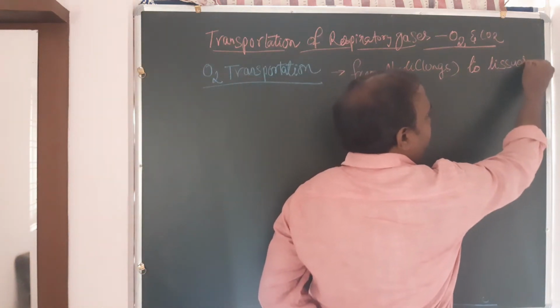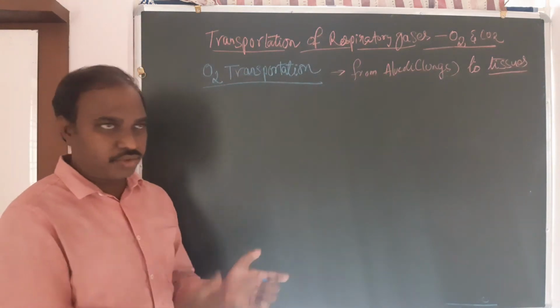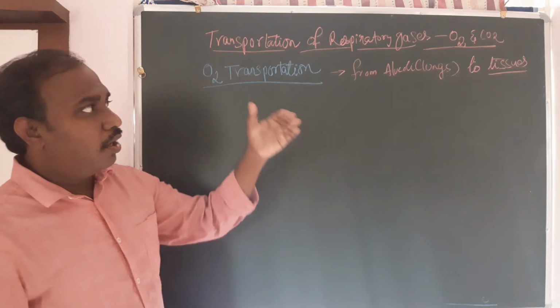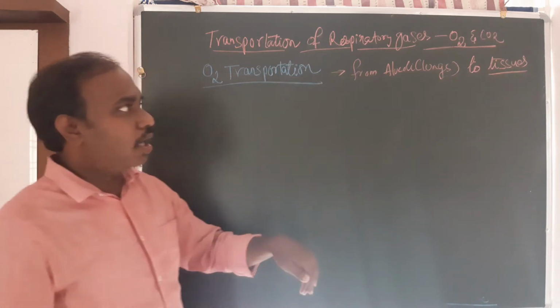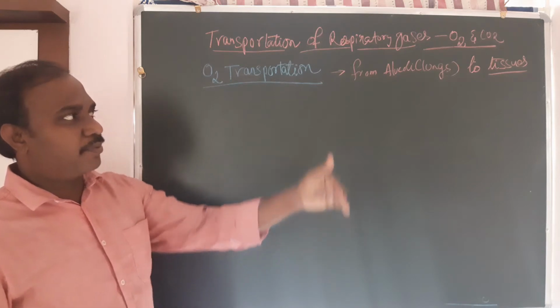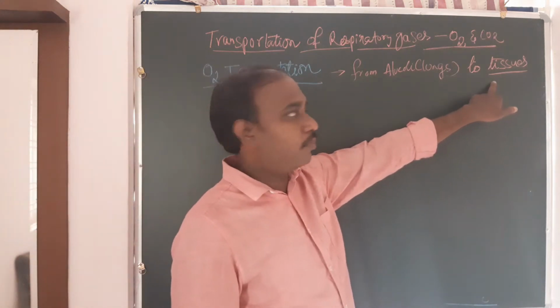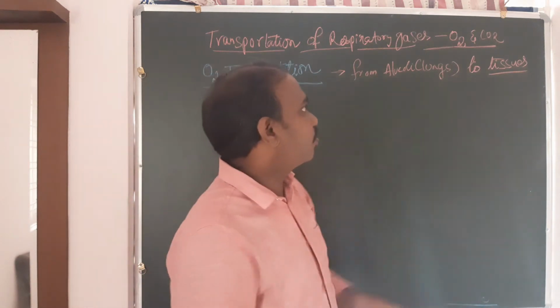That means tissues all around the body, not just one specific tissue. From the lungs to the heart, and from the heart, the blood is pumped to all the body parts. So that is the transportation.